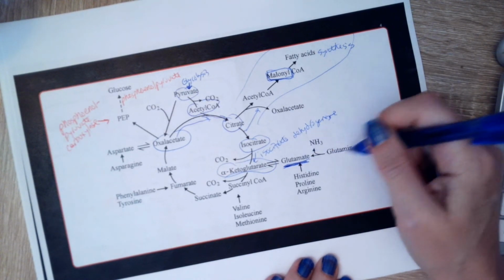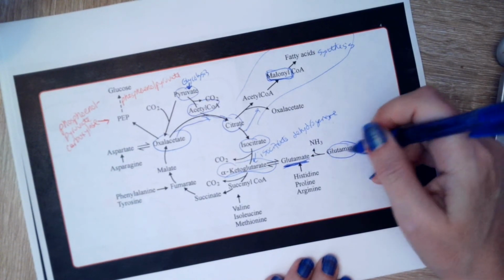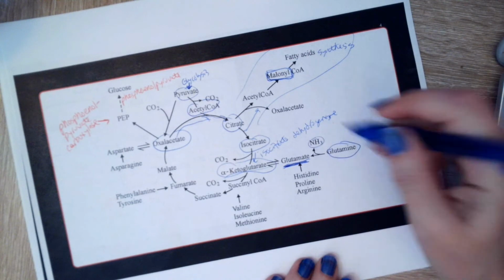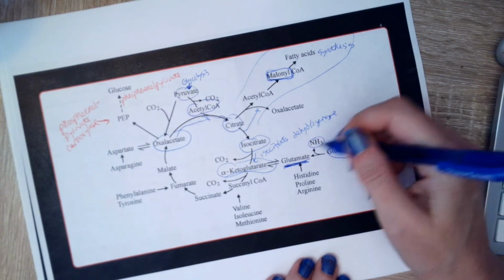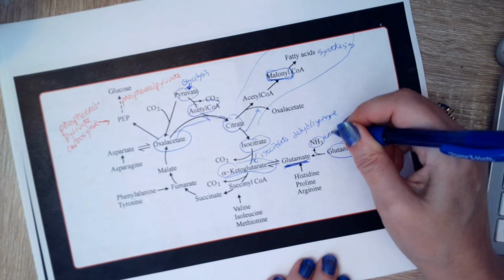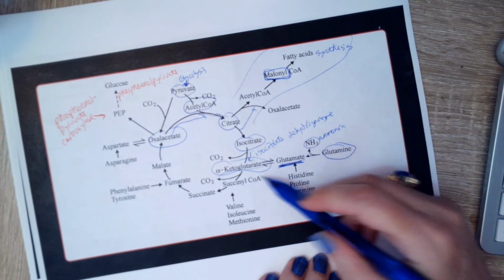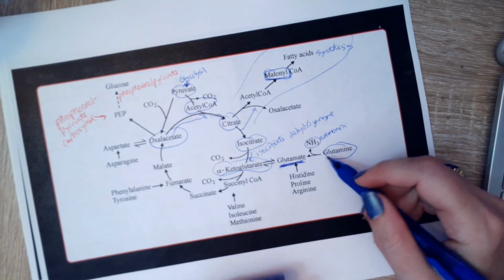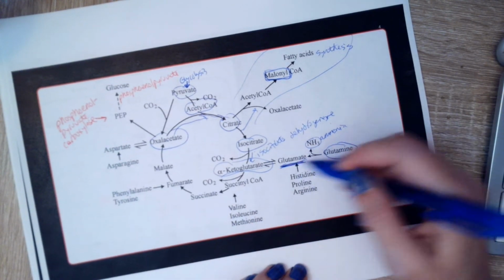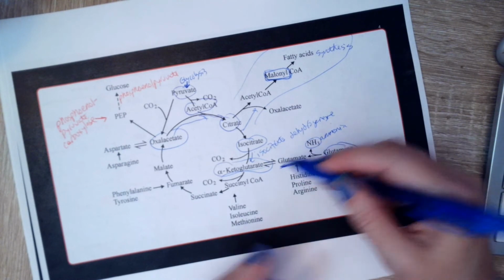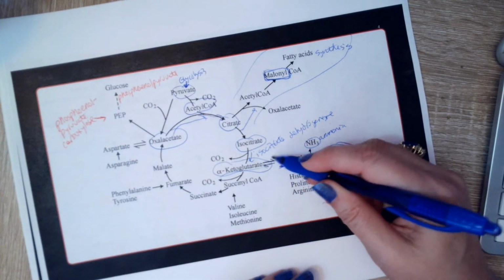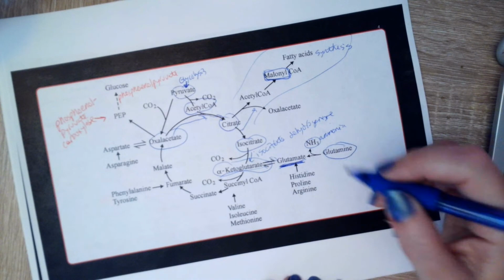And here we see another amino acid, glutamine, and there's an amino group, or ammonia, I should say, coming off of that. So we have this exchange of amino acids going into the Krebs cycle and going out of the Krebs cycle. It can go in either direction. This is a reversible arrow here.